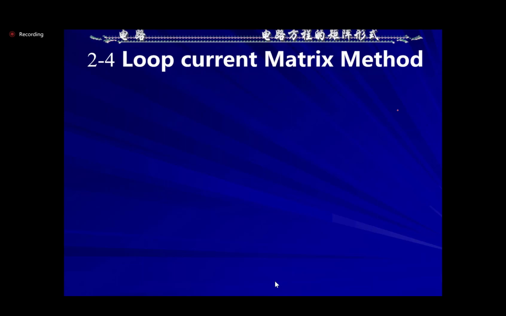Okay, we have introduced the A, B, Q matrices, and how to use them to express KCL and KVL. Now we try to use A, B, Q to solve the circuit function. Topology has no components.